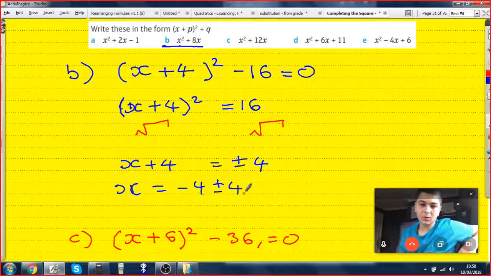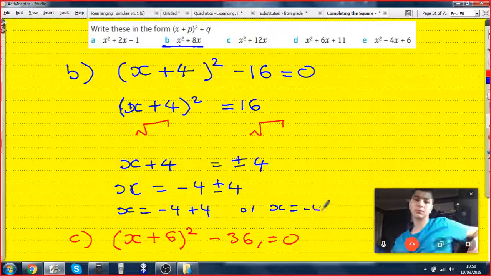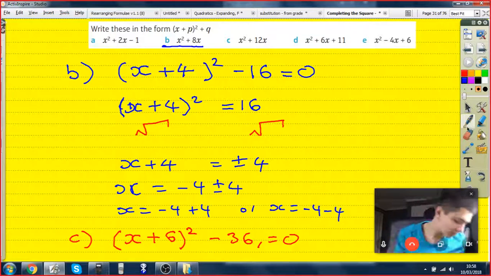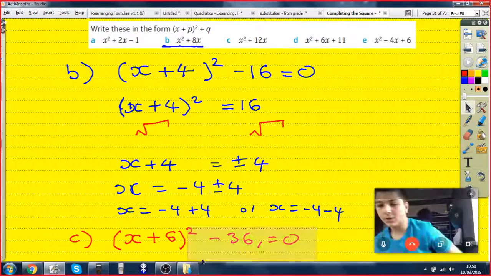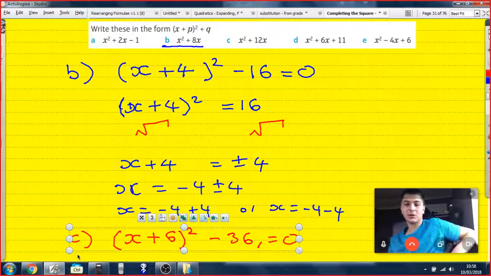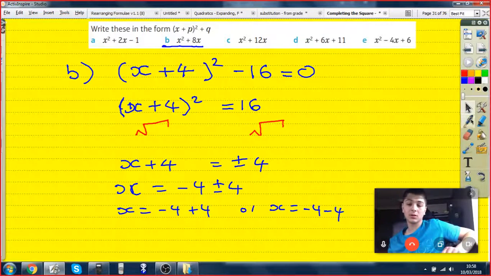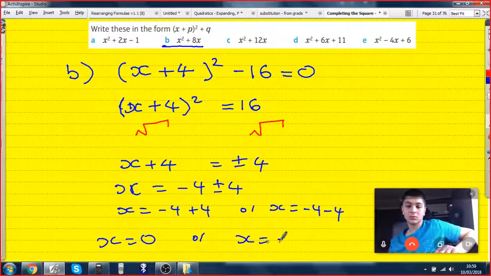So actually, x will be equal to minus 4 plus 4, or x equals minus 4 minus 4. What are those two? So x will either be equal to 0 or minus 8. That's it. X equals 0 or x equals minus 8.